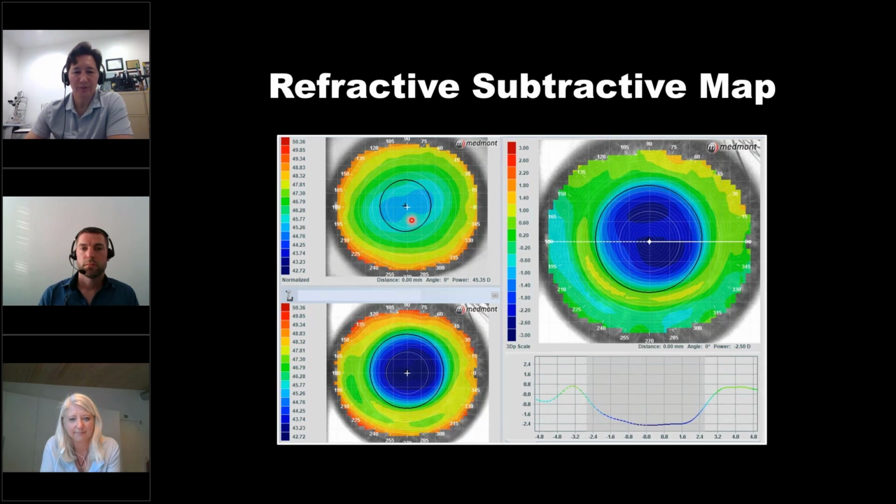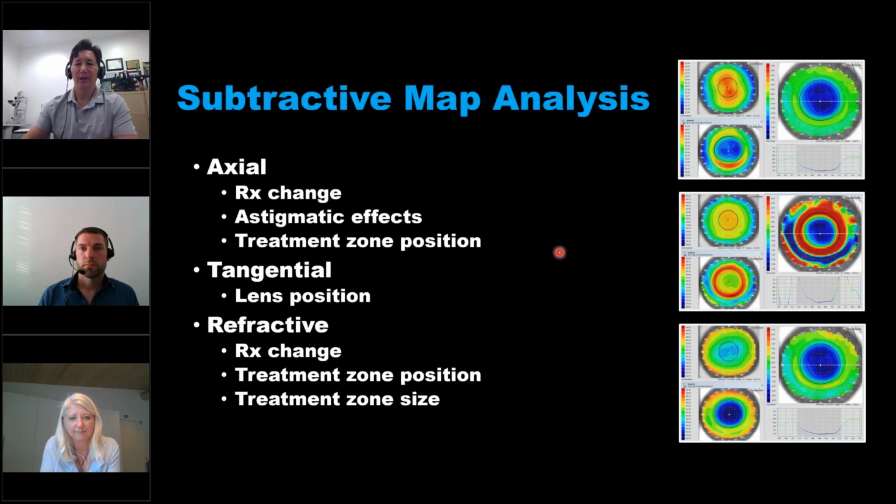What's significantly different is the appearance within the pupil, comparing before and after. It's very difficult to appreciate the astigmatic shift and how you've altered that radii that may contribute to vision and power. So when you compare, here's your axial, here's your refractive. Clearly the tangential is very different from both.